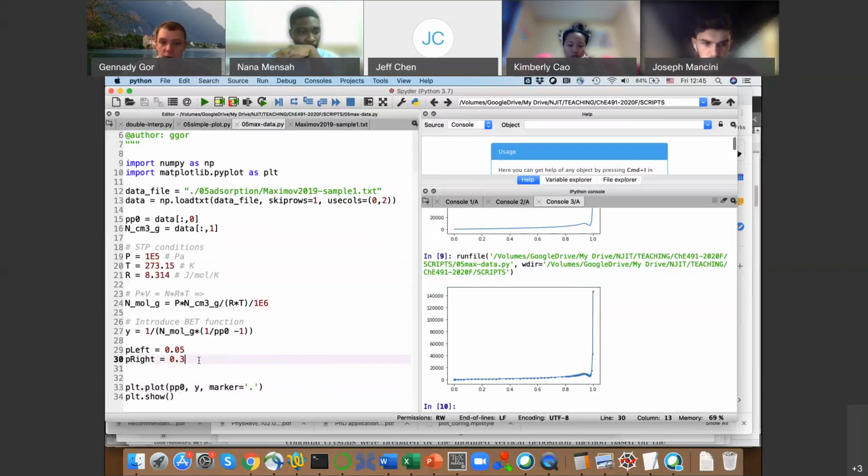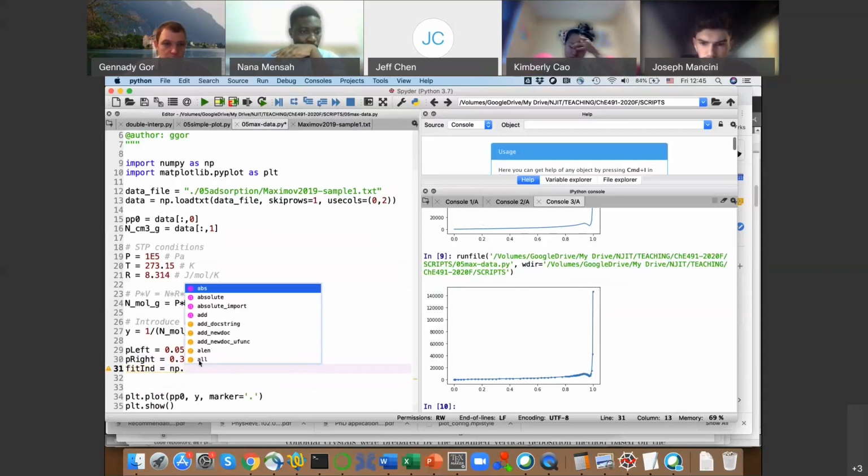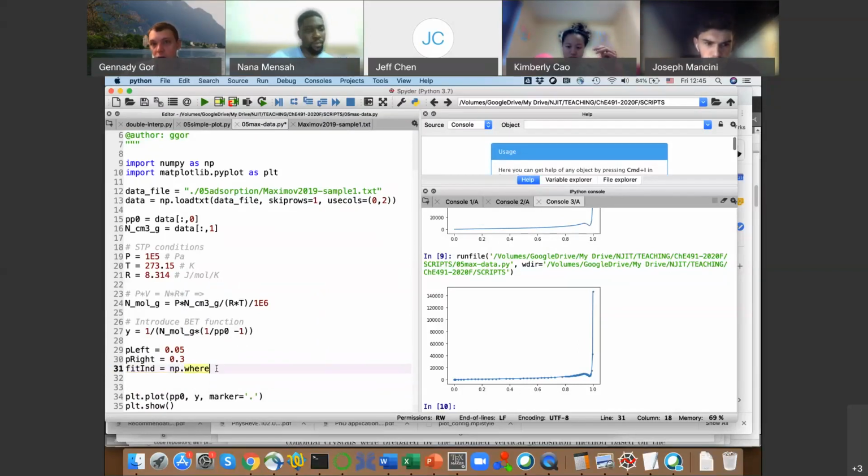So I will use the indices, which I call fit ind equals, and I remind you last time we were discussing this function where, the numpy where, so it defines the set of indices where a certain condition is applicable.